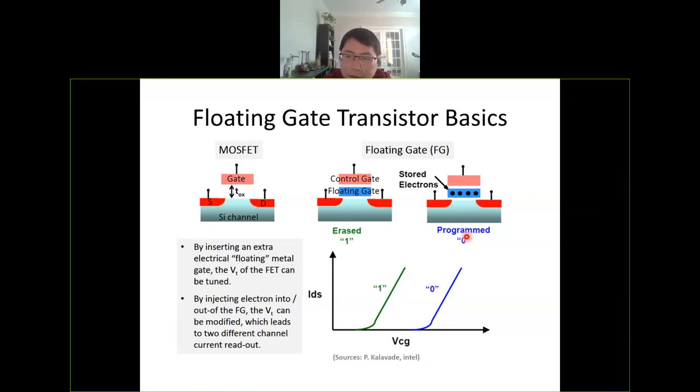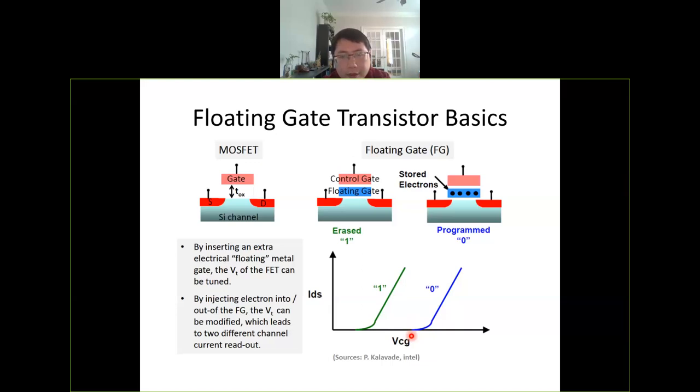On the other side, if it's program state, you have electron in the floating gate. You will have this blue curve for the ID-VG, and the threshold voltage is here. So you see that the threshold voltage is increased. So this is a key feature for the floating gate transistor.